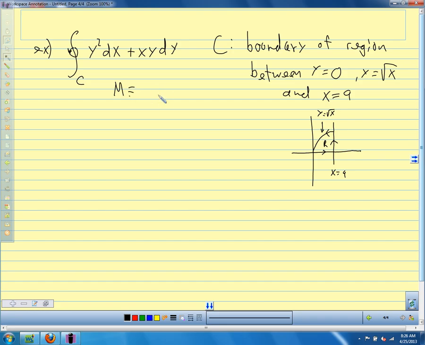So M equals y squared. dM/dy is 2y. N is xy, and the partial of N with respect to x is y.